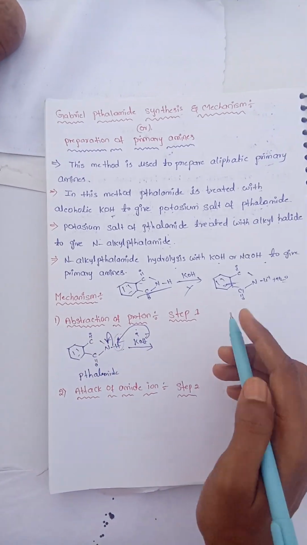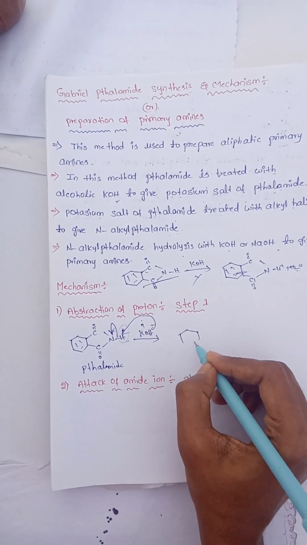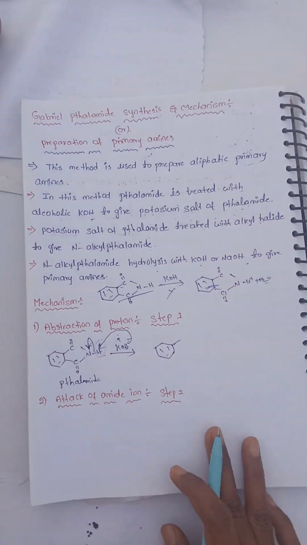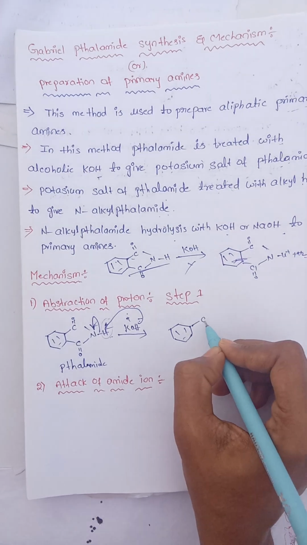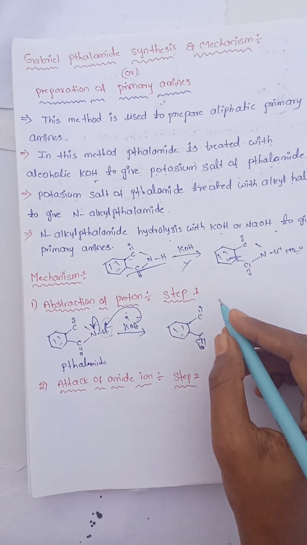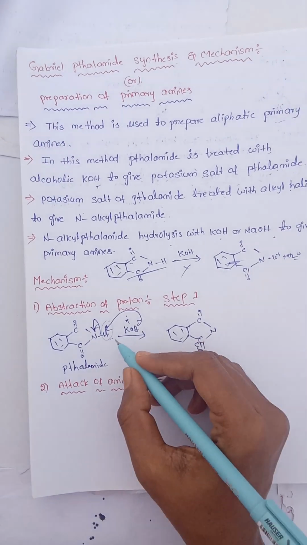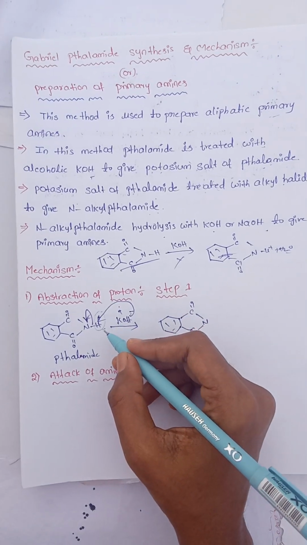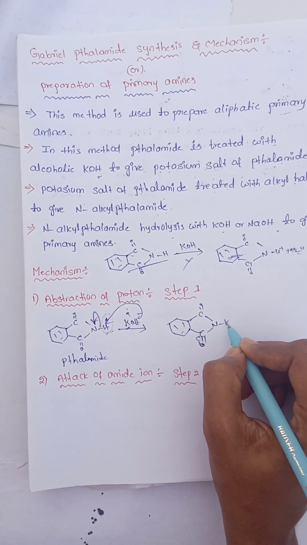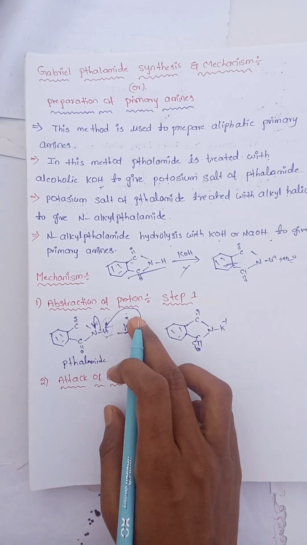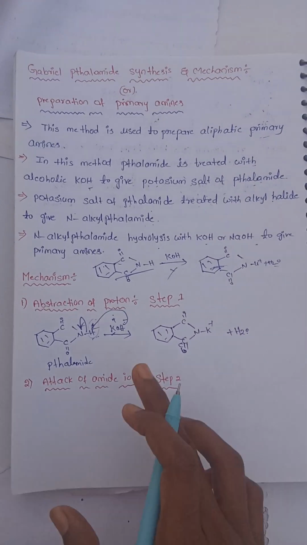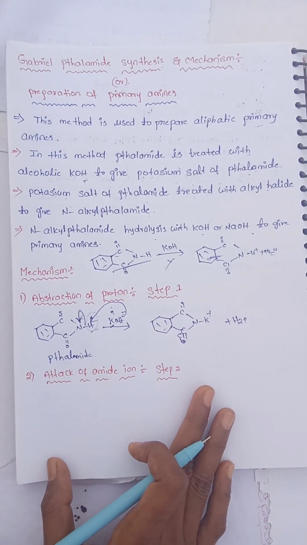The C double bonds stay as usual, and nitrogen carries the negative charge with K plus. H and OH give H2O as a byproduct. This is step 1, abstraction of proton.